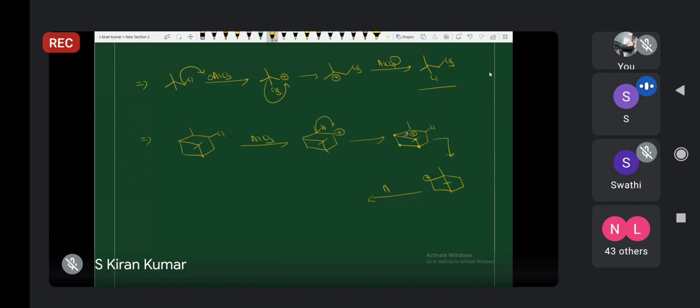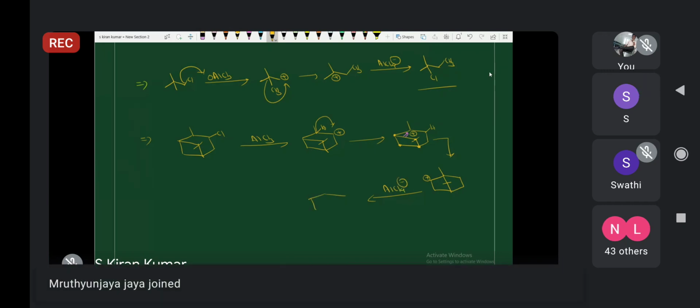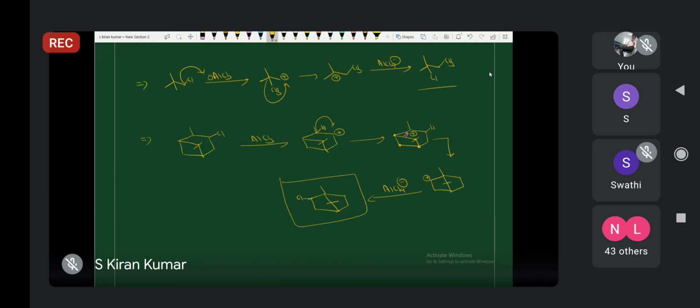Next, AlCl4 minus, fluoride is attached. When bicyclic compounds are present, this rearrangement takes place. Adamantization reactions are also an example for Wagner-Meerwein rearrangement. This is about Wagner-Meerwein rearrangement reactions.